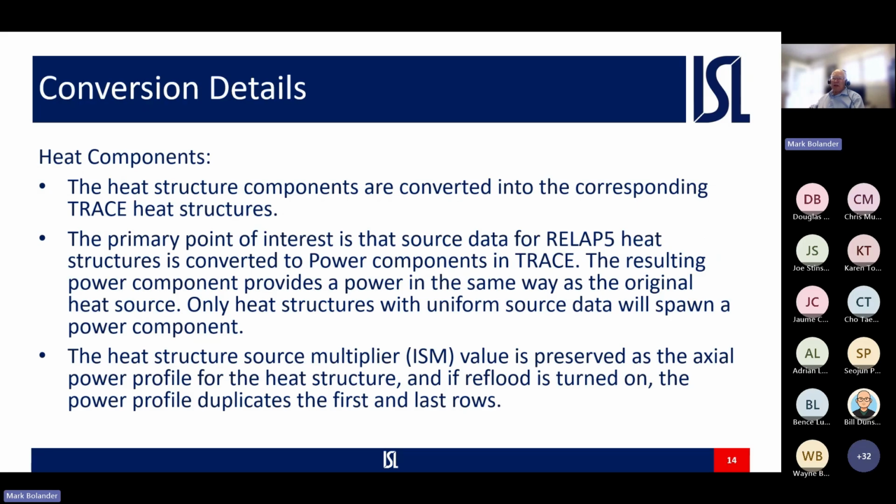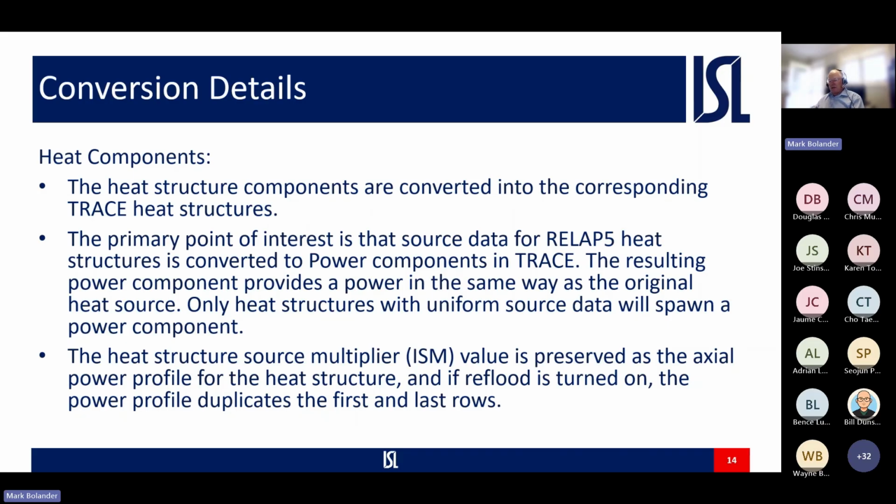With respect to heat structure components, they're converted into corresponding TRACE heat structures. The primary point of interest here is that source data for RELAP5 heat structures is converted to power components.